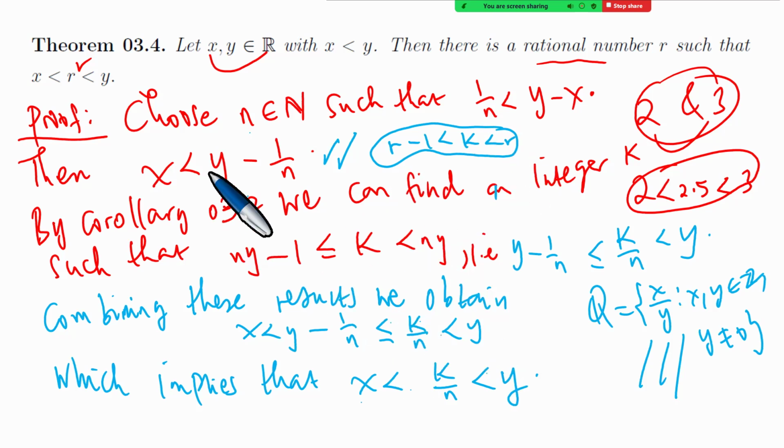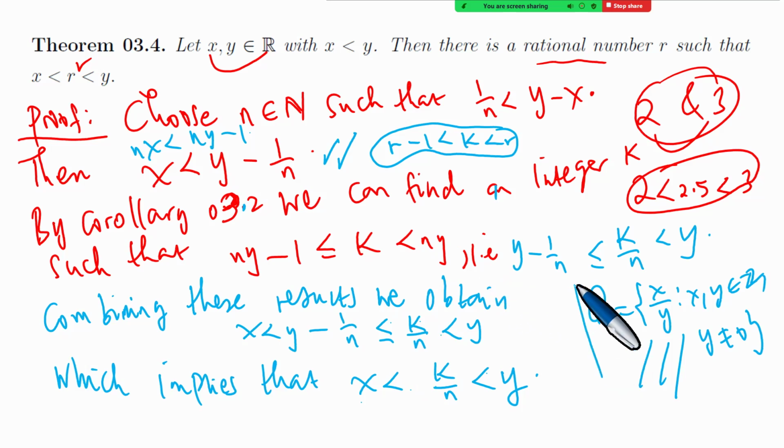But now our r is like ny, because this construction is very clever: multiplying through by n, from this you get nx is less than ny minus 1. So you can look at ny minus 1 and ny, and put a k between them, because we said that this is true for real numbers.